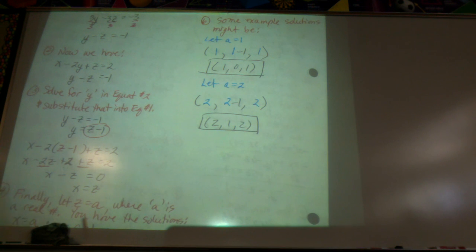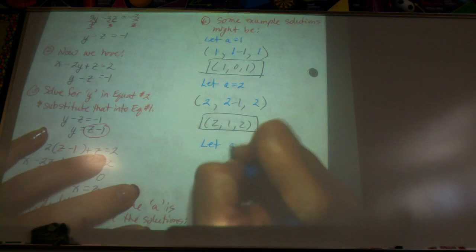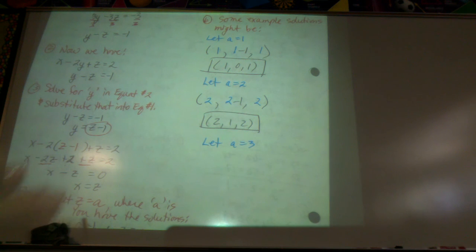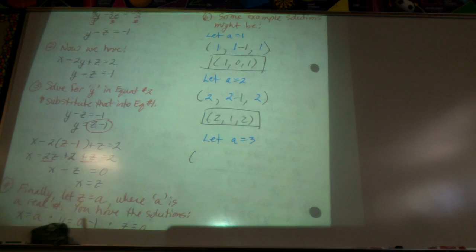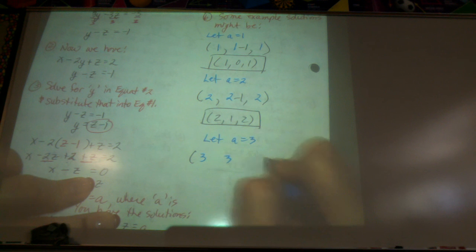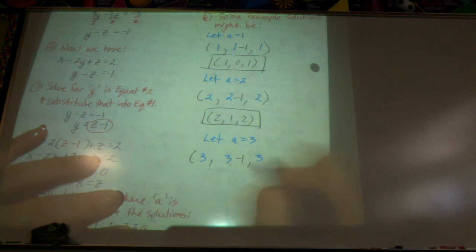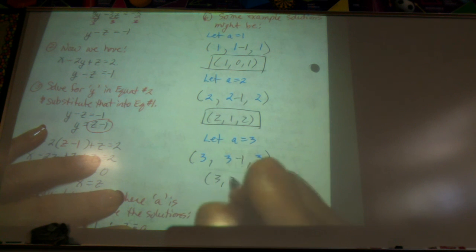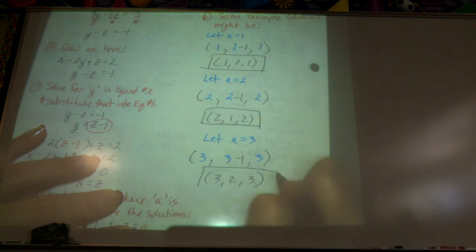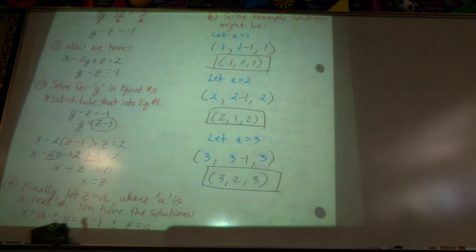You let a equal 3. So don't you get 3, 2, 3? So what if a were 50? You'd have 50, 49, 50. I mean, so we could go on forever, right?